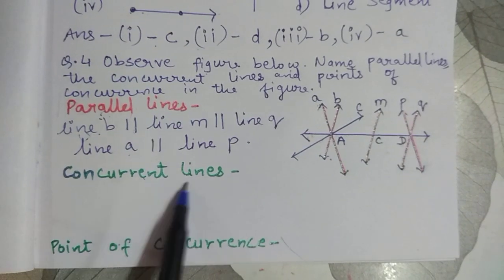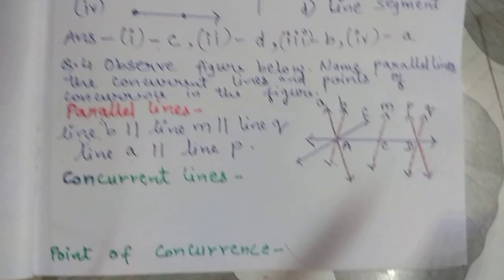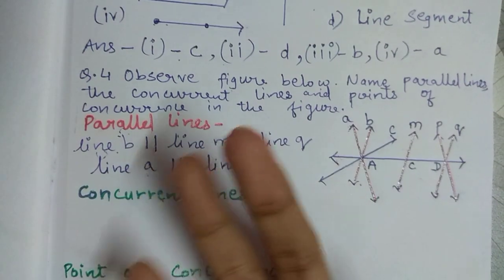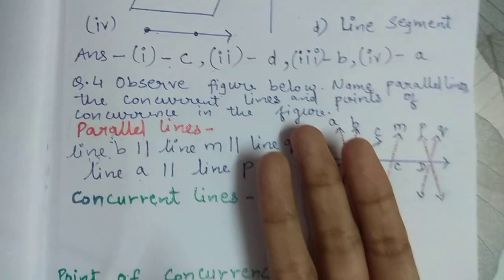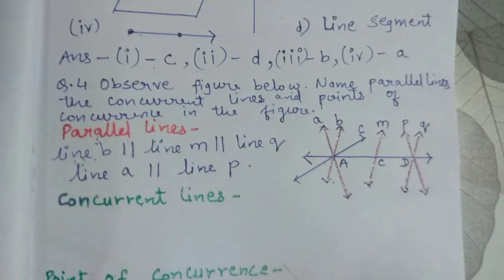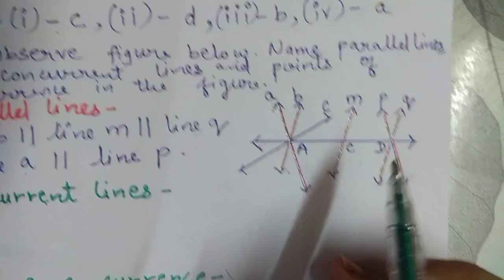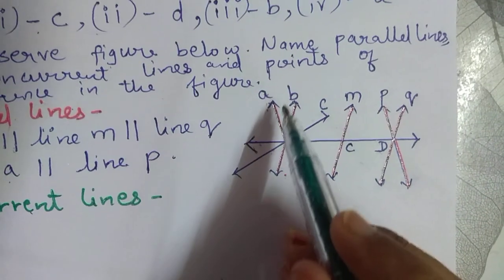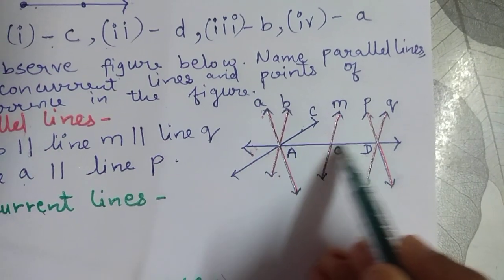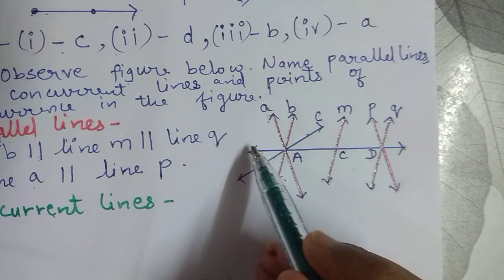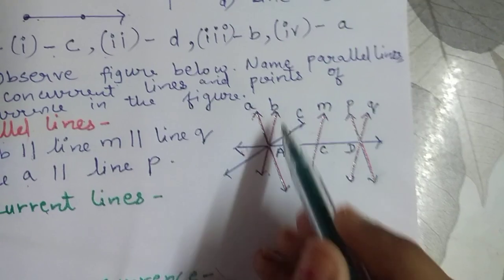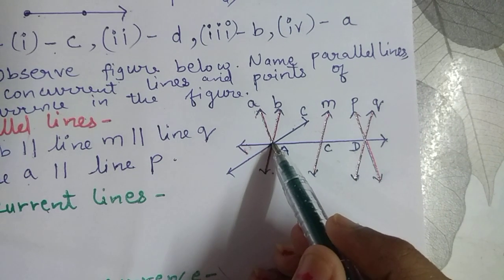Fine. Now next is concurrent lines. What is concurrent lines? Concurrent lines are when three or more than three lines intersect at one single point. Okay, so I can see there are many lines here. So I can see here three lines, 1, 2, 3, and yes, there is one more fourth line. So 1, 2, 3, 4. 4 lines are intersecting at one single point, right?